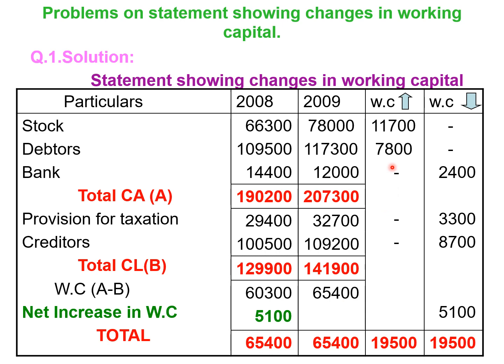Here's the answer, students. Solution: statement showing changes in working capital. Students, we have 4 columns: 2008 followed by 2009. So we take the 2008 figures in that column, then the 2009 figures in that column, and for each of the current items, we need to check whether working capital increases or decreases.